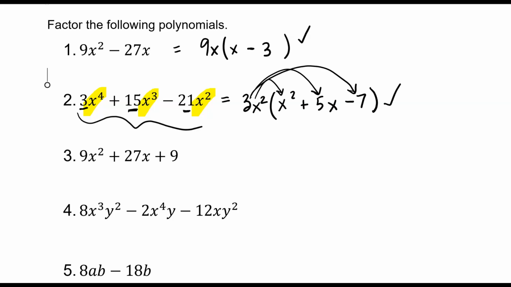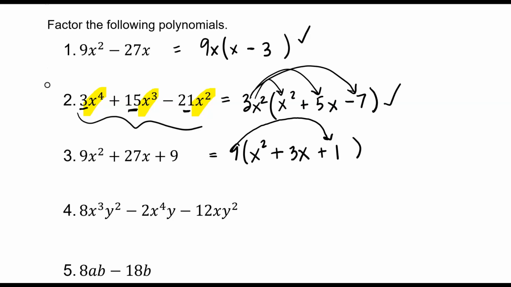Moving on to number 3, we have 3 terms. What's in common with all 3? A 9. When we pull out that 9, we have 9 times x squared plus 3x. Don't get caught up in this mistake. 9 times what will give you 9?